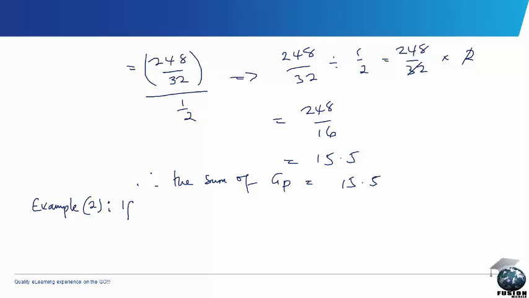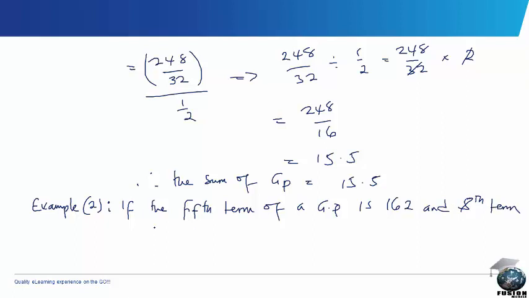Let's say the fifth term of a GP is 162, and the eighth term is 4374.